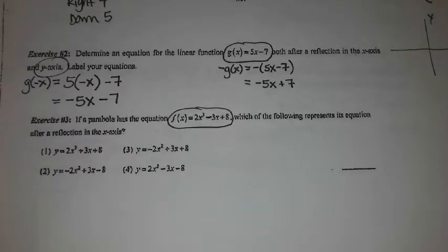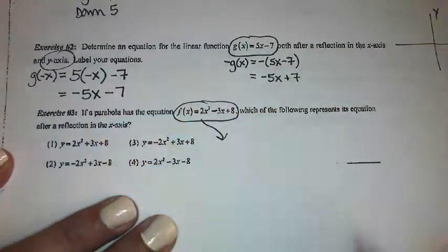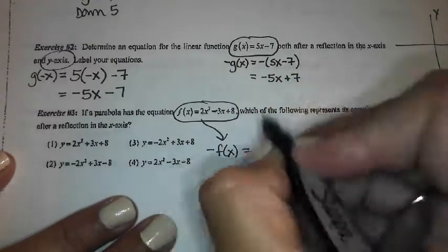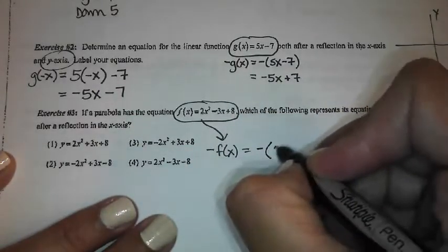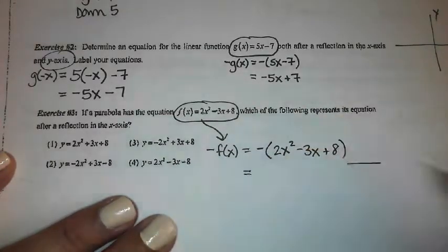Brock, what do you think? Does it go outside or inside? Outside, correct, because it's a vertical reflection when you go over the x-axis. So to make that a vertical reflection, I just have to negate the f of x, which means on the right-hand side, I'm just negating this trinomial. And of course, you have to simplify that.